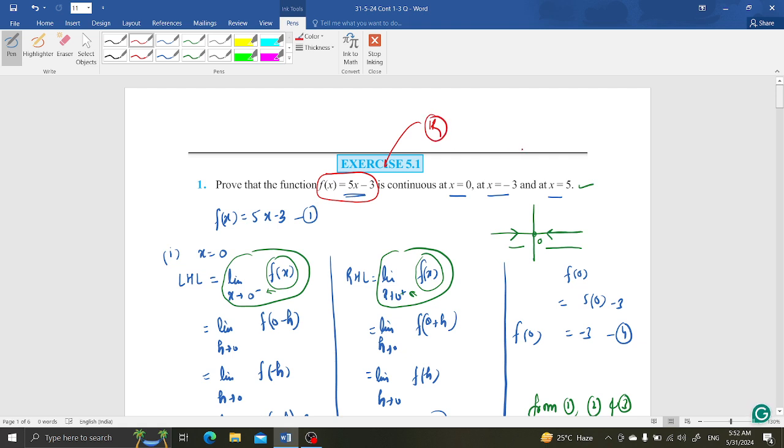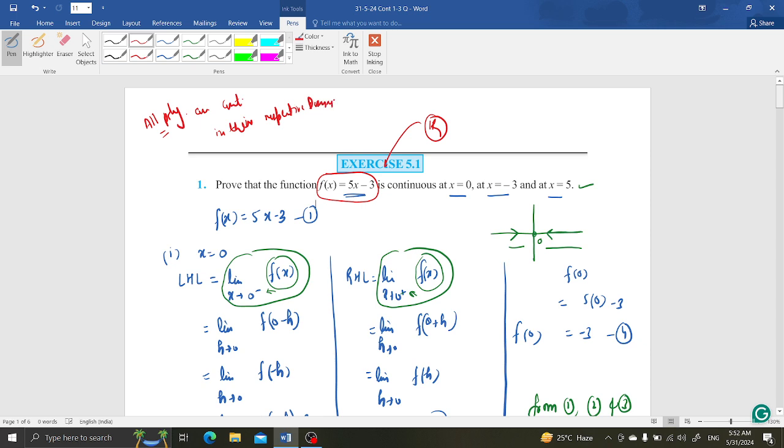If this question came for 1 mark, then there is no need to find LHL, RHL and f of 0. You have a polynomial, so simply we have a result: all polynomials are continuous in their respective domain.